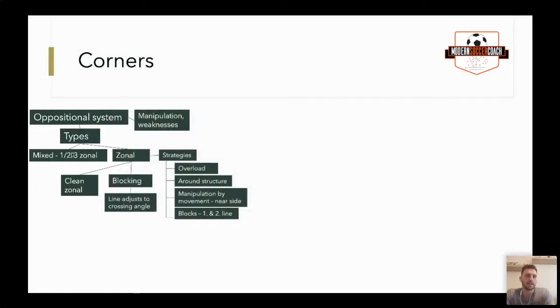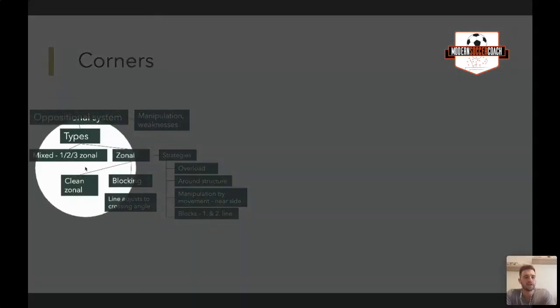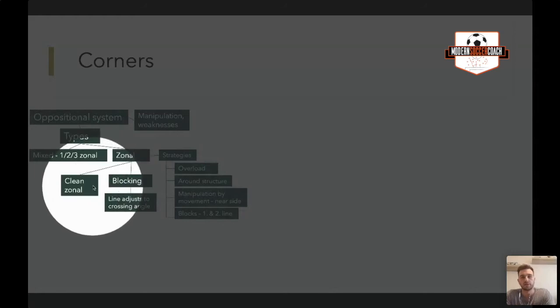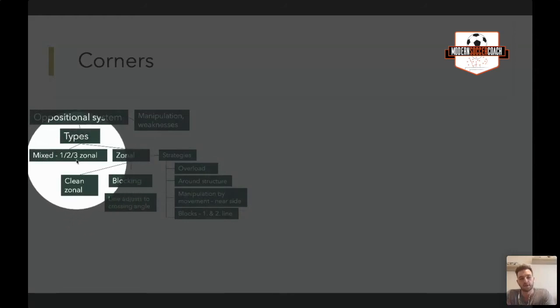Basically, I separate 3 types, which is the mixed with 1, 2, 3, or with 1, 2, or 3, because if they have 4 zonal players, I believe that's much more than a zonal system.